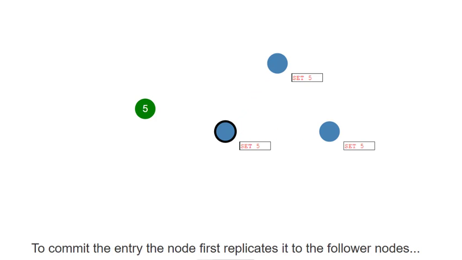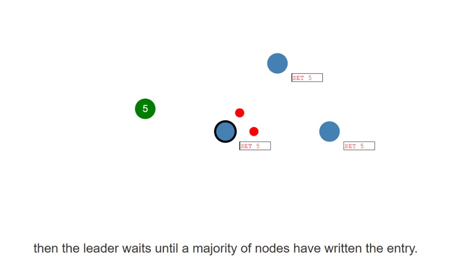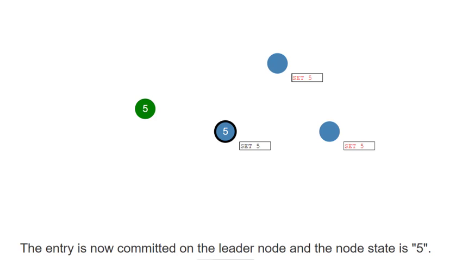To commit the entry, the leader first replicates it to the follower nodes. Then the leader waits until a majority of nodes have written the entry and notified it back to the leader that okay, we have got the value. When a majority of nodes send the value, the leader commits it and changes its state to 5.